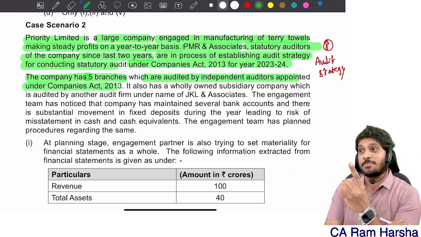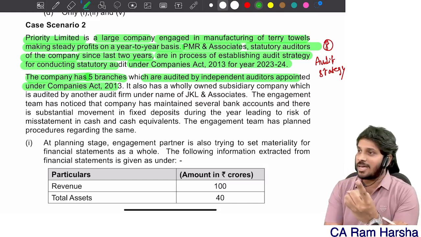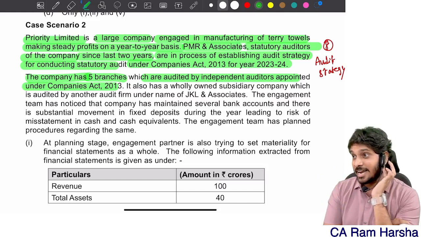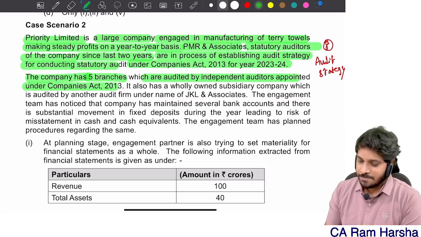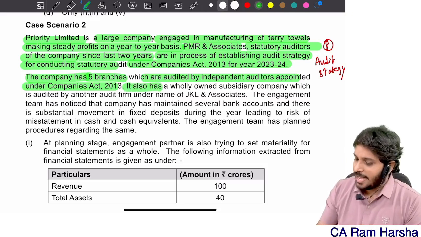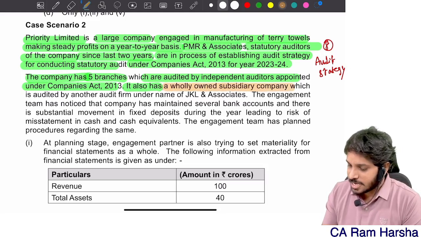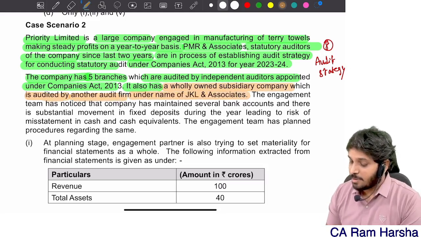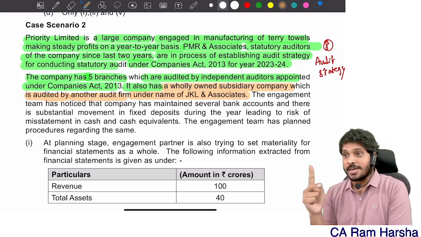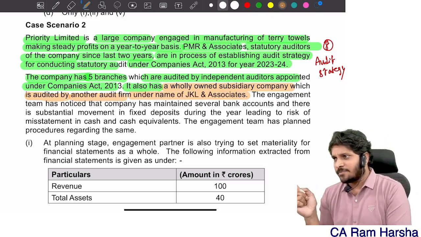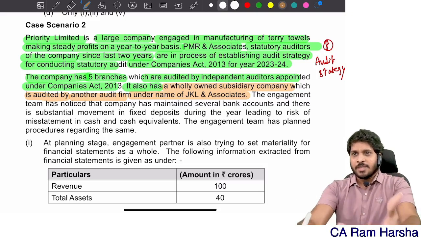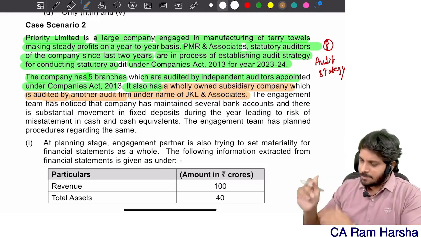Okay, branches are separately audited, which means branch auditors were there. Remember SA 600 State Bank of India example? Very good. It also has a wholly owned subsidiary company which is audited by another audit firm under the name of JGL. Oh, subsidiary company is audited by another auditor. They are also component auditors only. Branch is also a component. Subsidiary company is also a component.